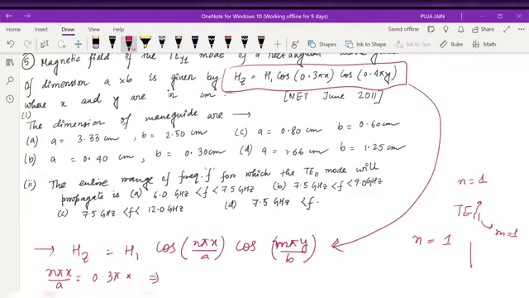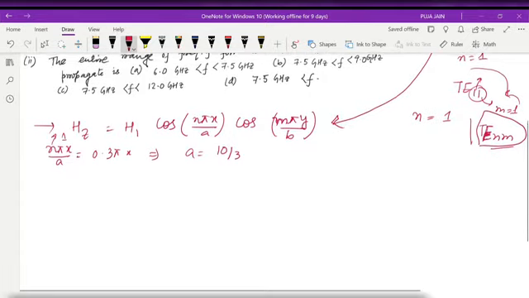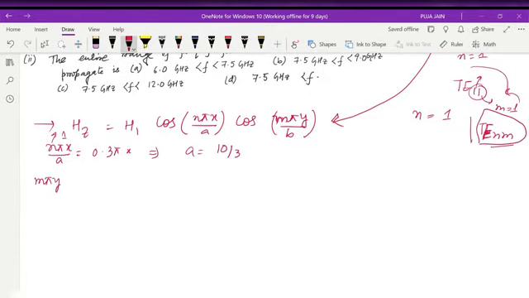Basically we write this as TE nm mode, so 1 1 means the n value is 1 and the m value is 1. If we put n equals 1, we get A equals 10 by 3. Again, m pi y by B: in the question they have given 0.4 pi y, m is 1, so pi y by B equals 0.4 pi y.